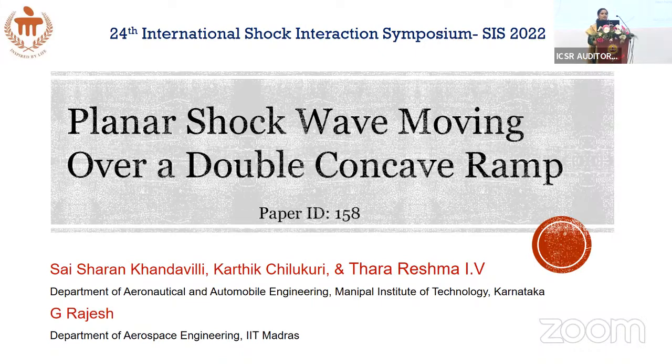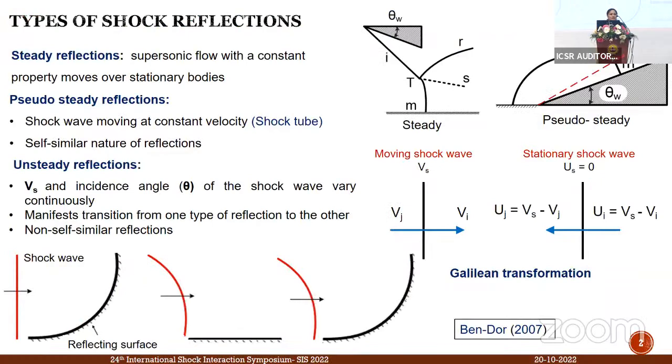In general, shockwaves are classified based on their structure or nature as regular and irregular reflections. Now, coming to the classification based on flow regime, we have steady reflections, where a supersonic flow with constant properties moves over stationary bodies, which gives a reflection that is itself stationary.